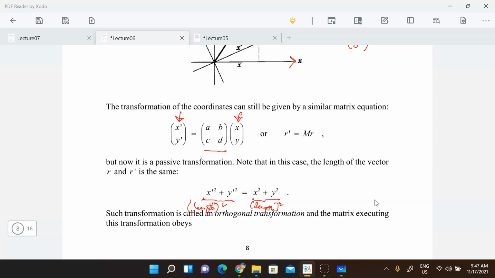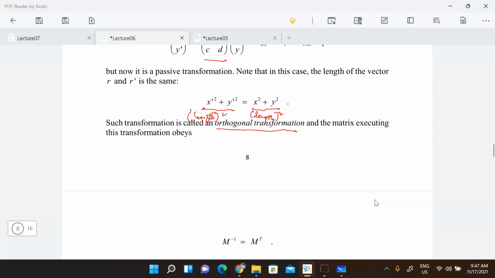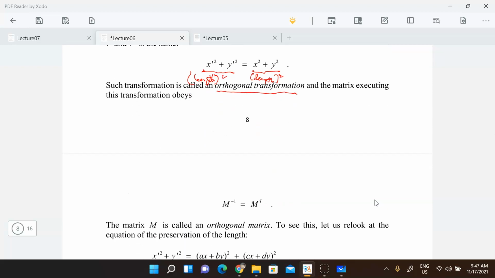And a transformation that does this, remember that these are actually different coordinate systems, a transformation that does keep this length invariant is called an orthogonal transformation. And this orthogonal transformation has the following property.